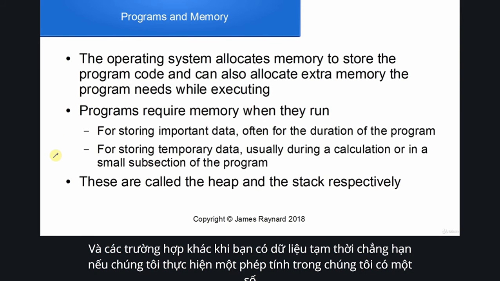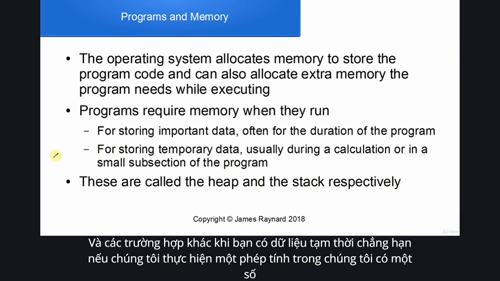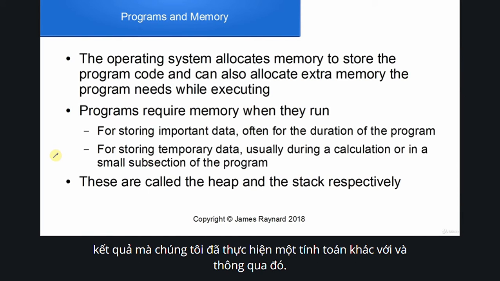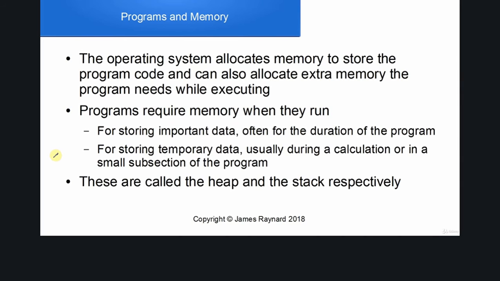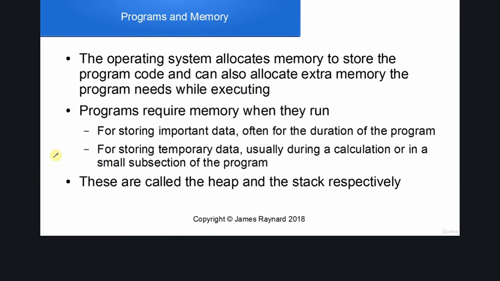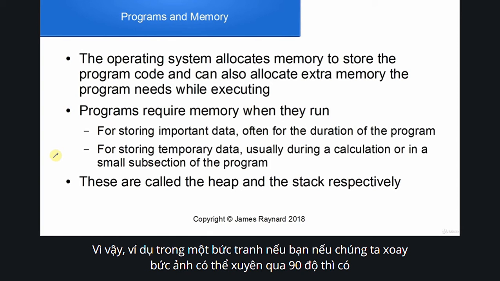And the other case is when we have temporary data. For example, if we're doing a calculation and we have some results which we do another calculation with and then throw those away. So computers tend to throw out quite a lot of information which is only used for a very short period and then disappears again. So for example, in a picture viewer, if we rotate the picture perhaps through 90 degrees, then there's going to be some calculations done.